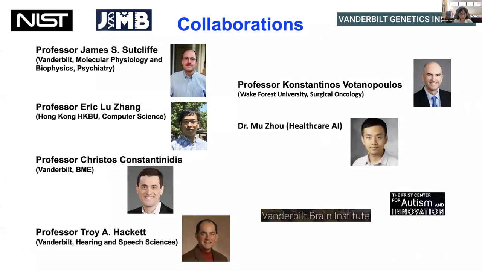Here I want to introduce some of my collaborations. My lab is basically a computational lab, so we develop algorithms, but I have some interest in neurological disease, for example autism. I have some collaboration with Vanderbilt Medical School, for example Jim. My lab is also interested in some neuroscience studies. We use deep learning, for example recurrent neural networks, to model brain activity, in collaboration with Christos.